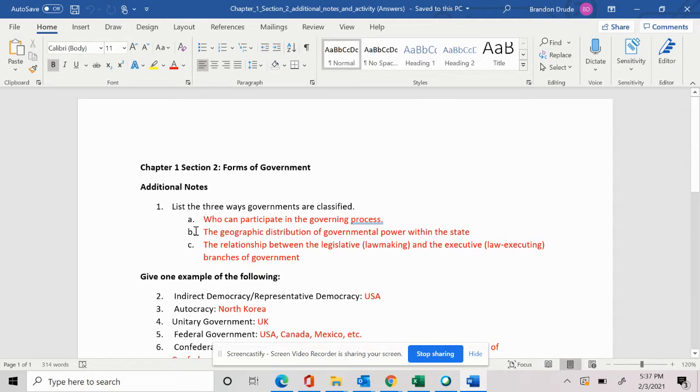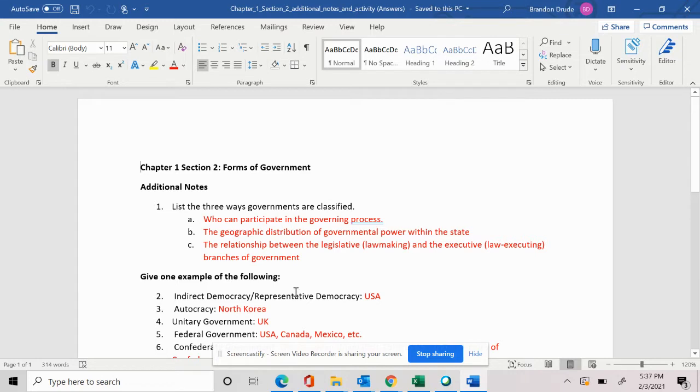The second one is the geographic distribution of governmental power within the states. There were three main types of power distribution: unitary government, where all the power is within the hands of one single central group. There is confederate, where all the power is within the local governments and the central government has very little power.